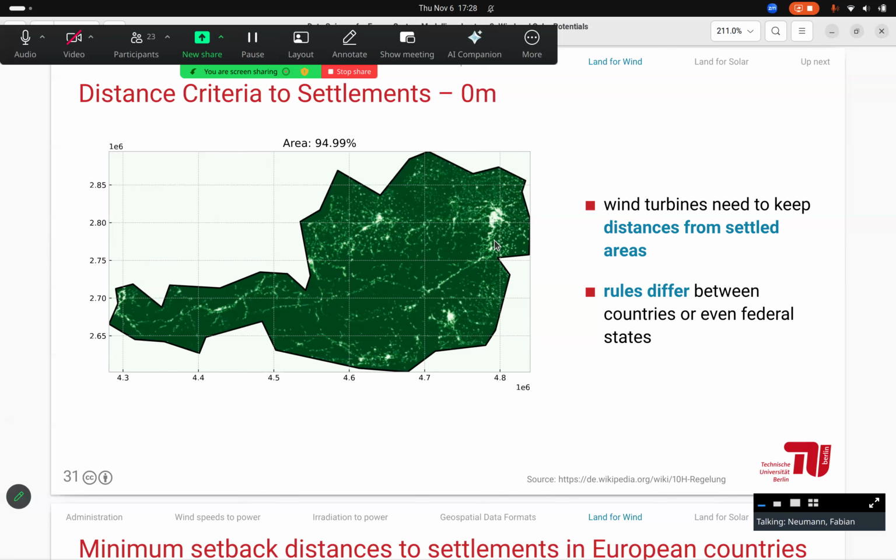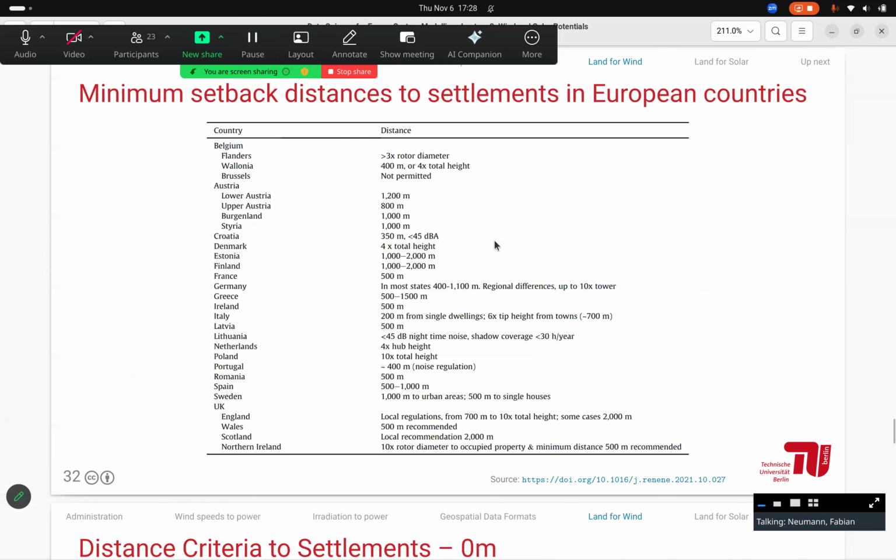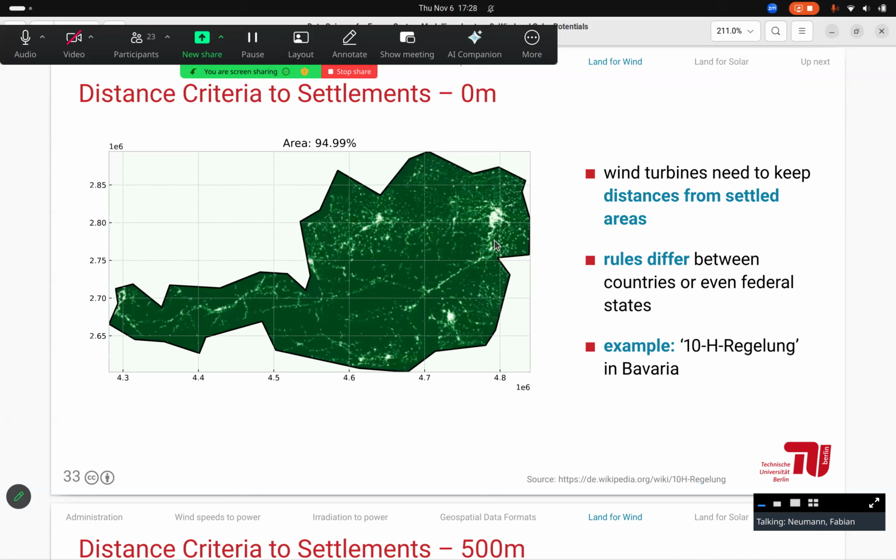So here we didn't put any buffer, a 0-meter buffer around built-up areas. And these so-called setback differences can be different between the different countries. Some countries are more strict, some countries are less strict.